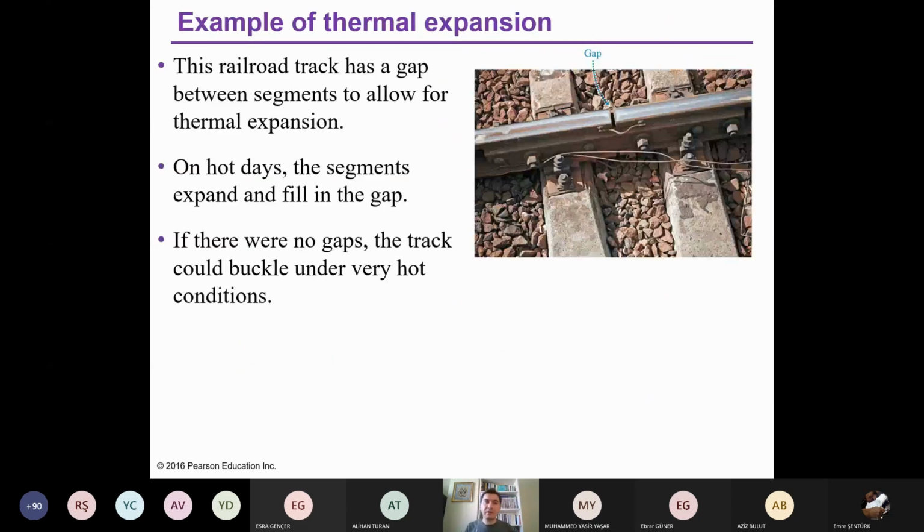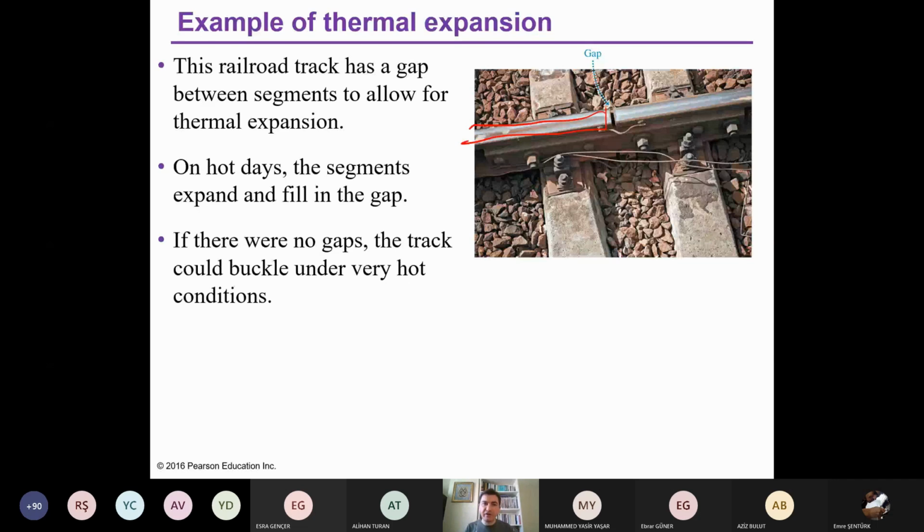And let's discuss some examples of thermal expansion. This is the railroad track, and this is the metal, okay? If you use high thermal expansion material here, then the road will be destroyed during hot days, and during cold days, the volume shrinking will occur, okay?